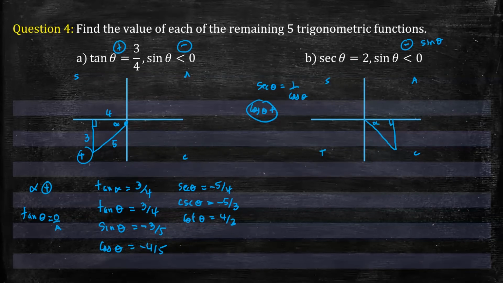So what do we have then? Sec is 1 on cos. So let's write this down. So sec theta, which is 1 on cos theta, and that's equal to 2. Okay, that's from the original question. So that means that cos theta is a half.